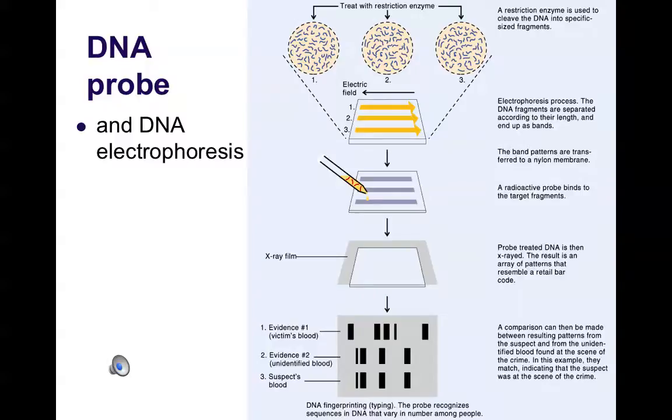That's part of the usefulness of today's genetic engineering in modern crime or forensics. We can do the same thing for clinical samples and all other kinds of areas of interest and investigation.